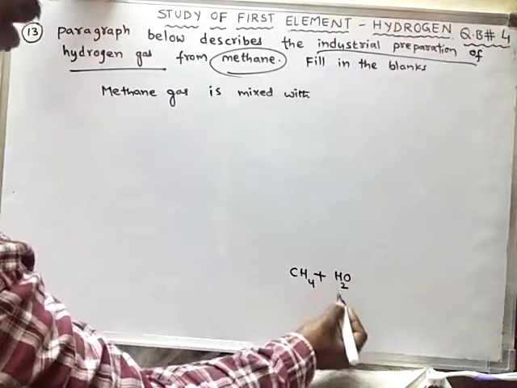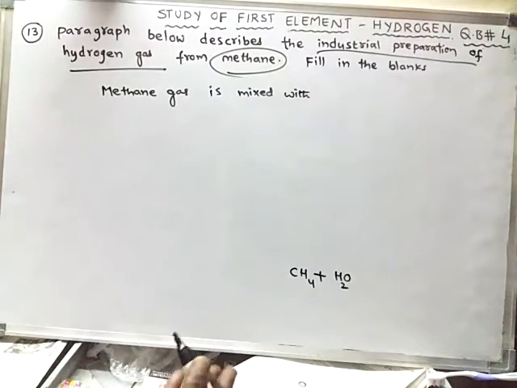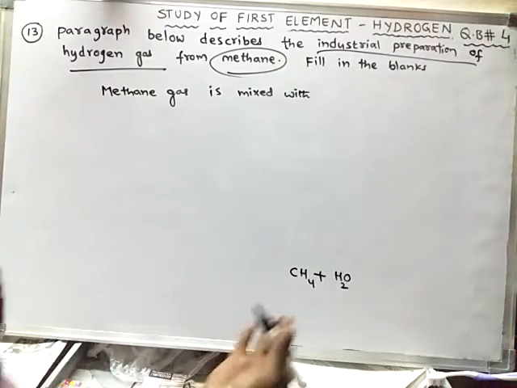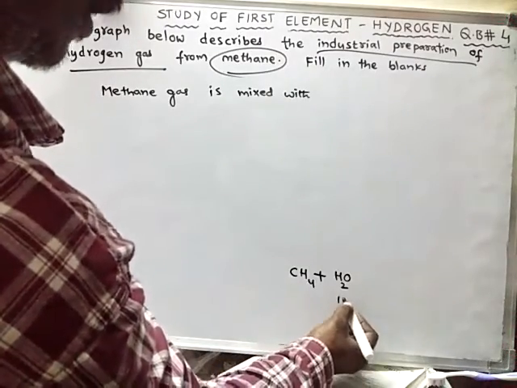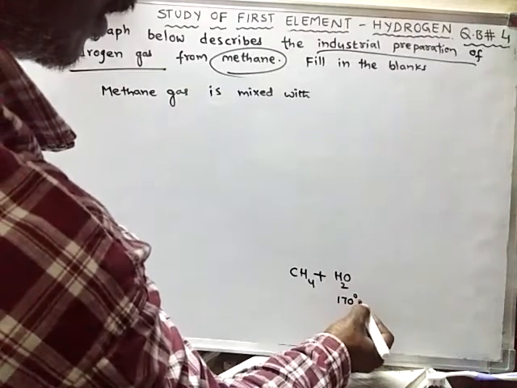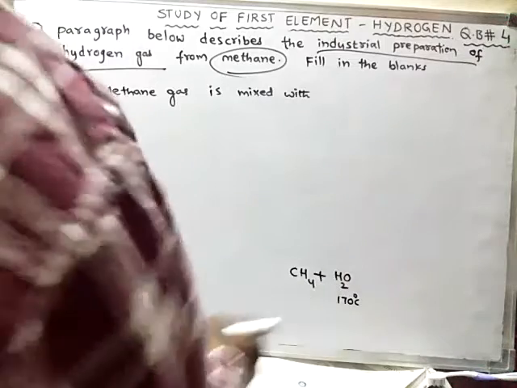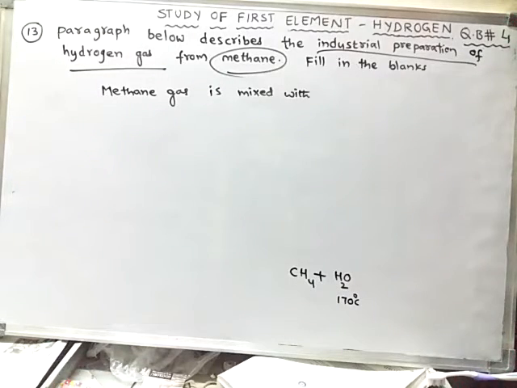Steam means water vapor; the steam is obtained from water. Superheated steam is also obtained from water, but its temperature is 170 degrees centigrade. This is called superheated steam, that means heated to very high temperatures.